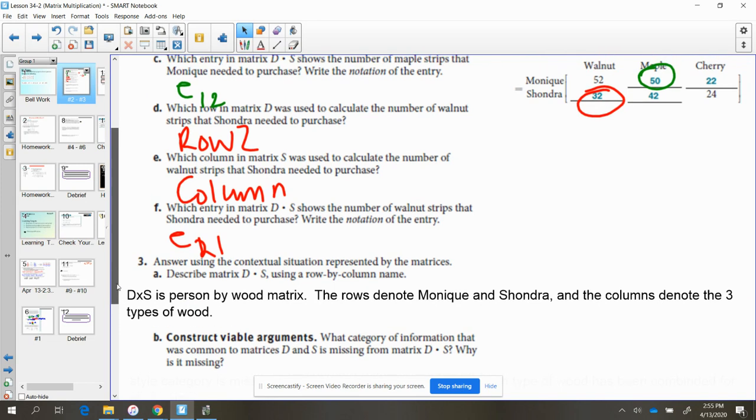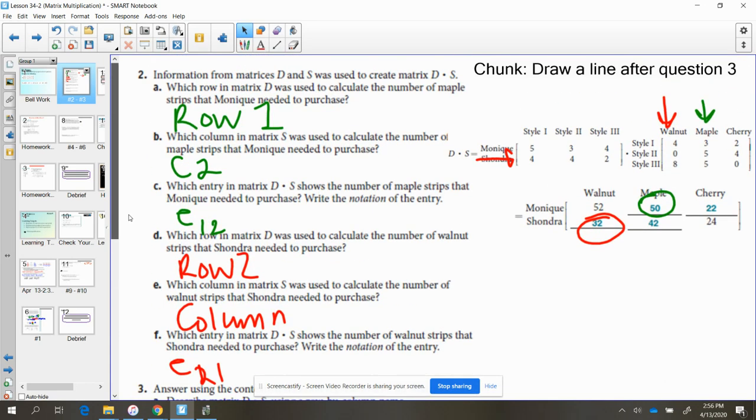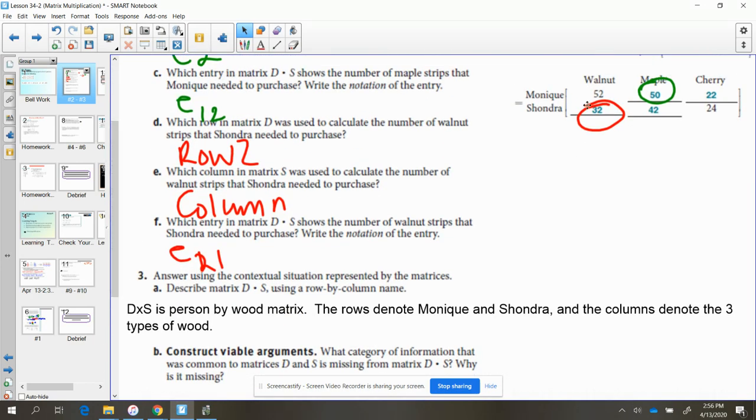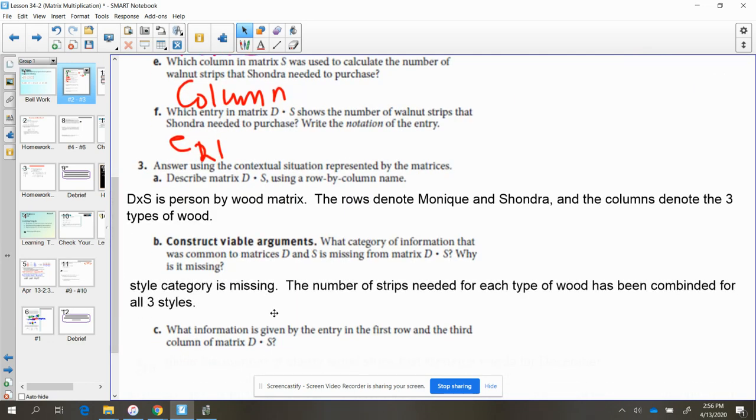Well, what category of information that was common in D and S is now missing from that product? Our styles. Notice both of these had the styles in common, but in the product we got rid of that. That overlapping piece they had in common was combined into just the total number of styles there.